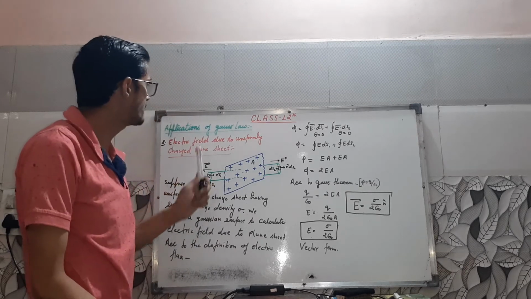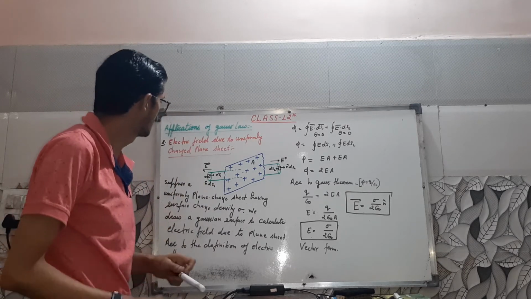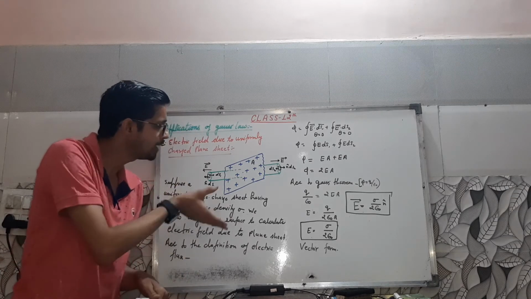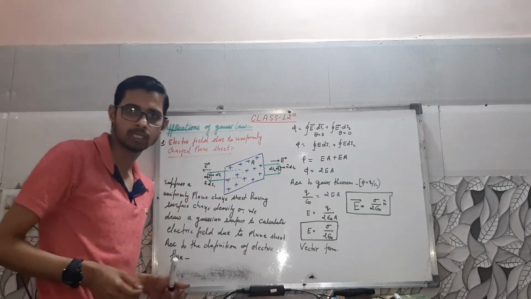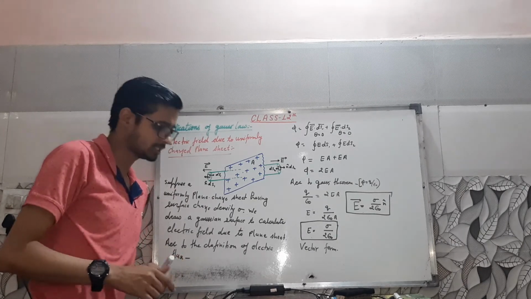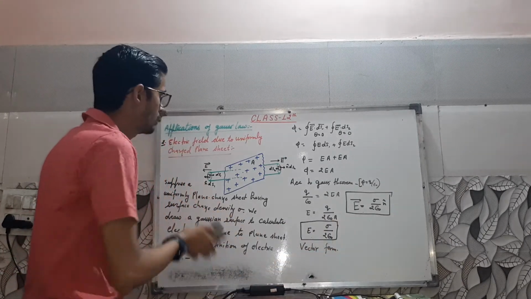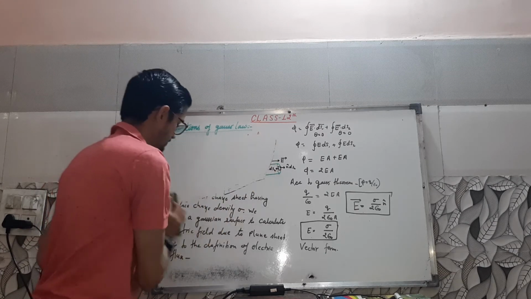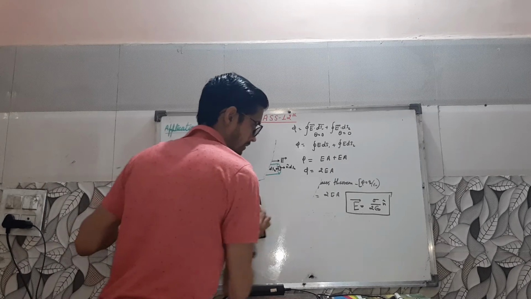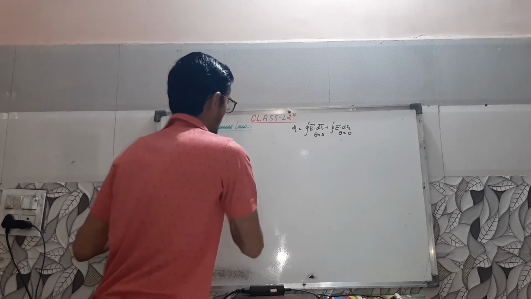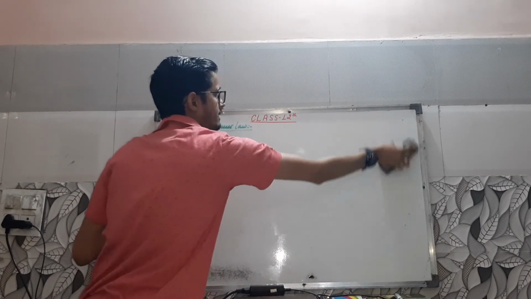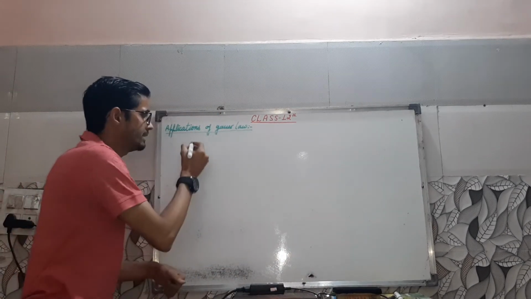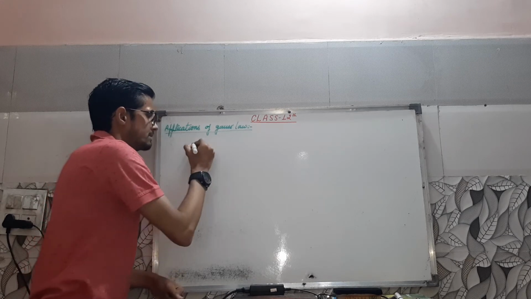Now there are some cases. What happens if two plane sheets are parallel to each other? How is the electric field produced? Suppose I have two plane sheets like this.